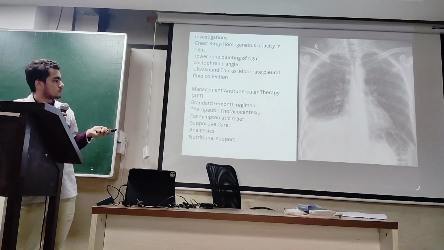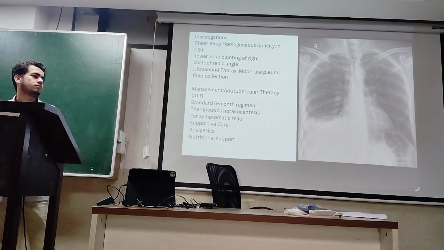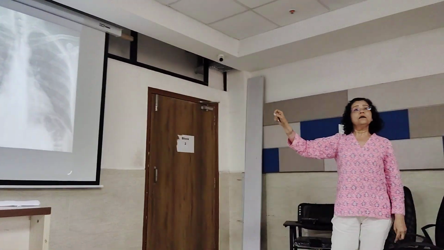Costophrenic, phrenic. ये dome of the diaphragm जहाँ यहाँ से dome जा रहा है, इसका एक corner पे यहाँ. This angle, and see there. It is not clear. It is obliterated. So an obliteration of costophrenic angle is a very big indication that there is a pleural effusion happening over there.